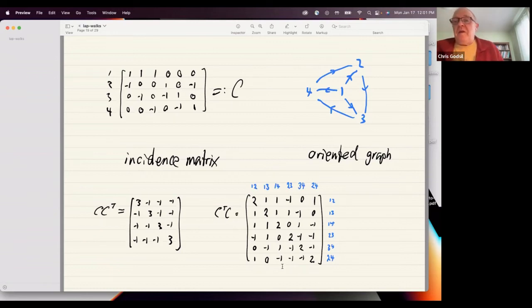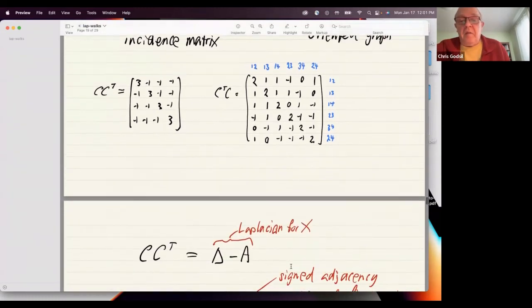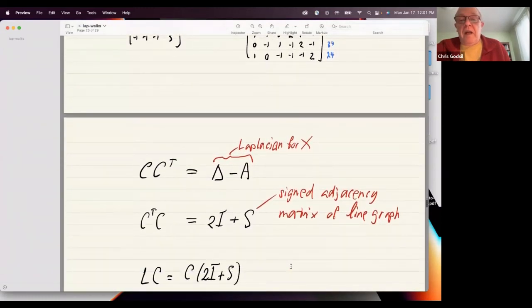We're not getting a line graph here, we're getting a signed line graph. It is what it is, and that's what we get. So let's go on a little bit. Now, we have CC transpose equal to the Laplacian, and C transpose C is 2I plus S, writing S for the signed adjacency matrix of the line graph.